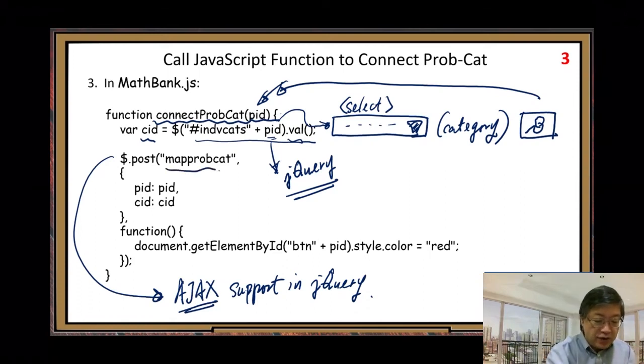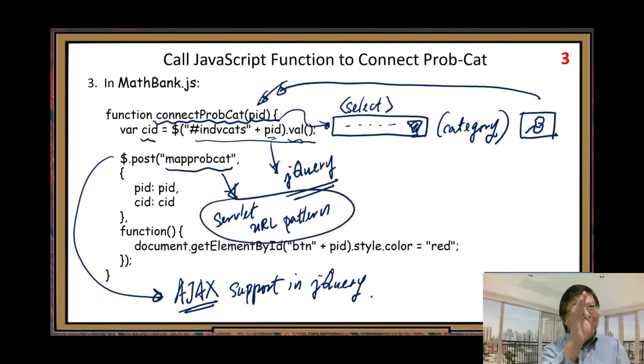First, this is our servlet URL pattern. Later, we will develop one special servlet to do the processing. Map prob_cat, that's the URL pattern.